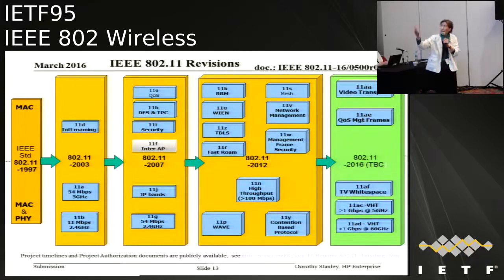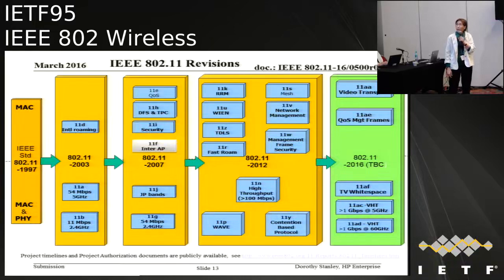But basically, you can see the history from 97, starting with the basic 1 and 2 megabit standards, coming to the 2003 roll-up, which added 11A and 11B, as well as the 11D.